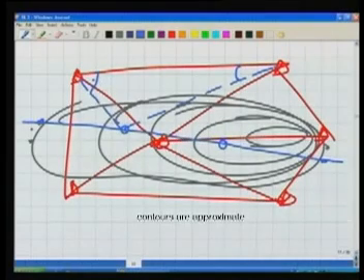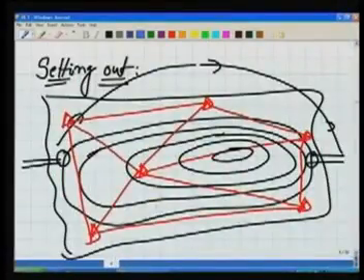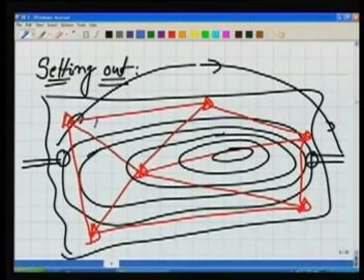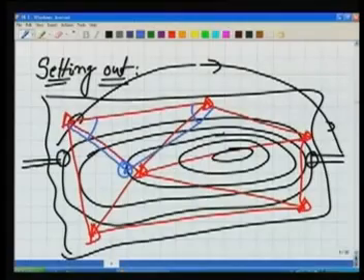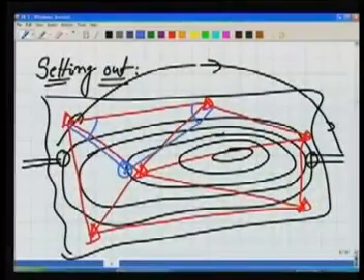So if I know this angle, I can now with some more measurements locate this point in the field also. Starting from here, I measure the angle, and I locate the point. So this is the point where my first shaft should be. So what you are doing, you are setting out a point. You are making use of the control network to set out this point.